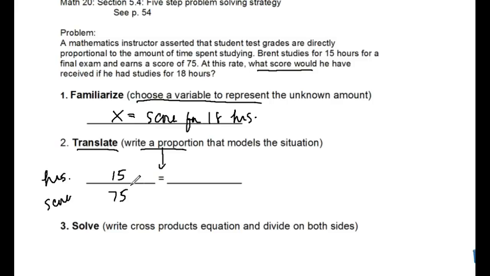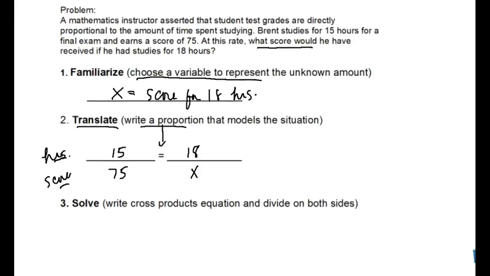We want to know what score he would have if he studied for 18 hours. Notice that on both sides of my proportion, I have the same things being compared. Hours are on top, score is on bottom. 18 is the number of hours, X is the score that we think he will get.